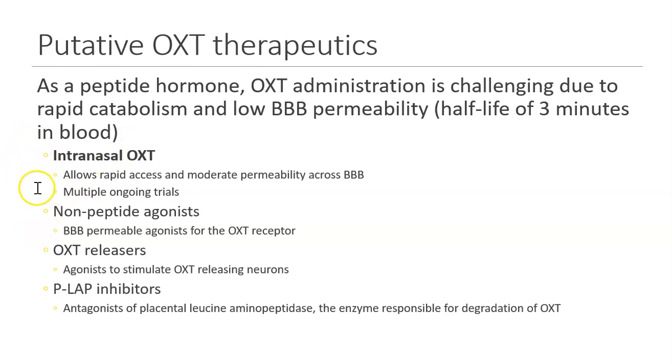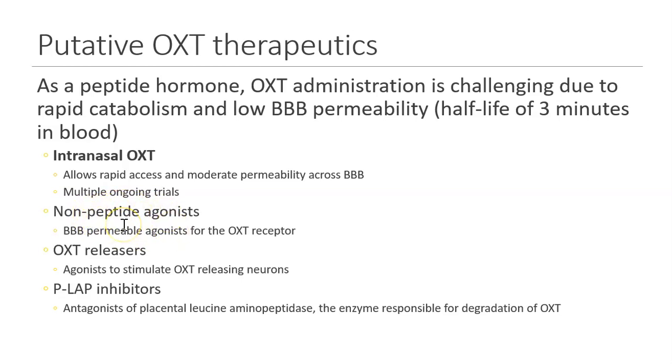So we're going to skip the first one real quick, and we're going to go to the second one. So this is a non-peptide agonist that has been developed. So this helps because it's a blood-brain barrier permeable agonist for the oxytocin receptor. In other words, it's an agonist that can go past the blood-brain barrier a lot easier than oxytocin itself because it's not a peptide, so it's smaller.